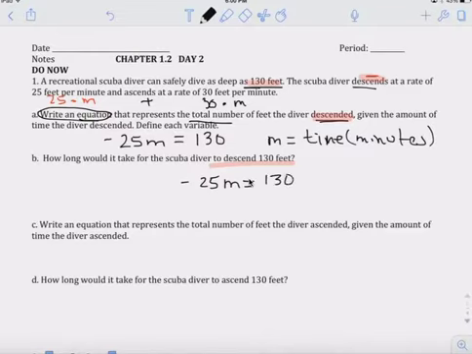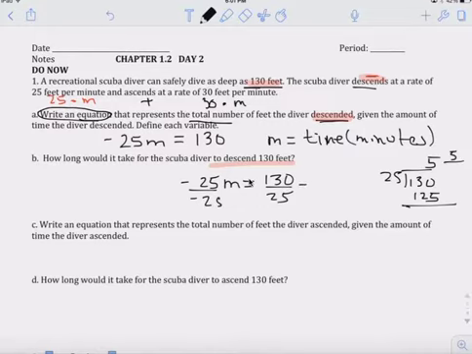130, divide negative 25 to both sides. So 25 into 130 goes in 6 times. Not 6, 5 times, that's 125. Remainder 5.